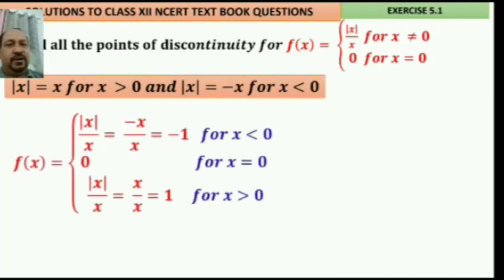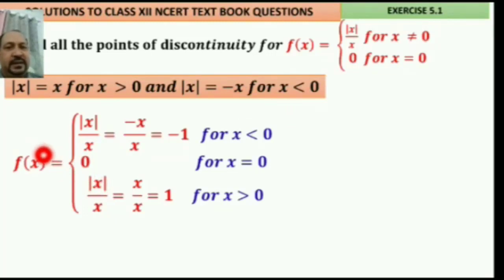So mod x equal to x for x is greater than 0 and mod x equal to minus x for x is less than 0. mod x की वैल्यू जब x की वैल्यू 0 से ज़्यादा है तो इसकी वैल्यू पॉजिटिव x होगा, प्लस x होगा, और जब x की वैल्यू लेस देन 0 है देन इट विल बी माइनस x.